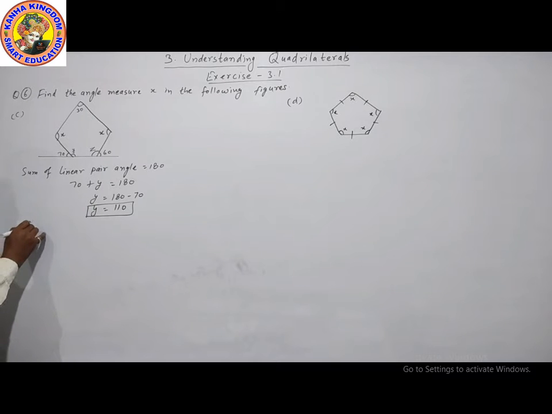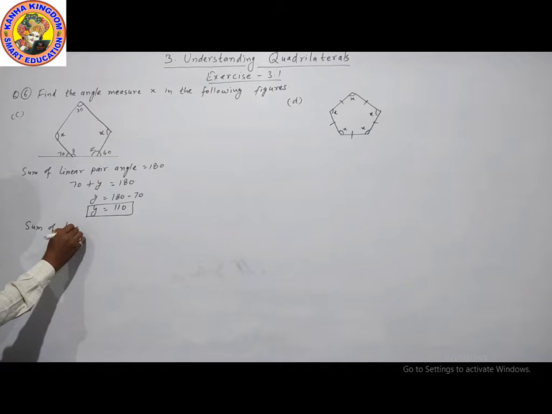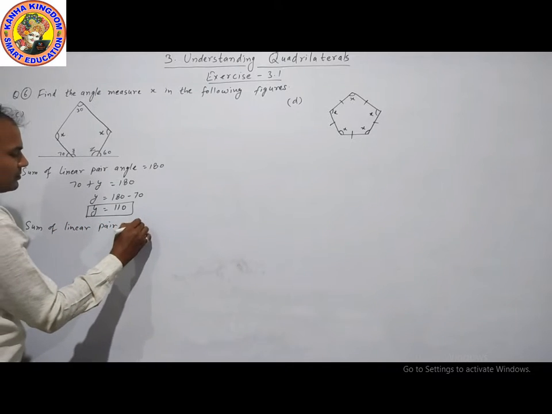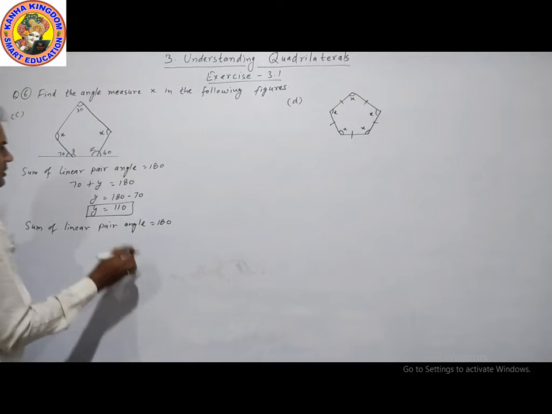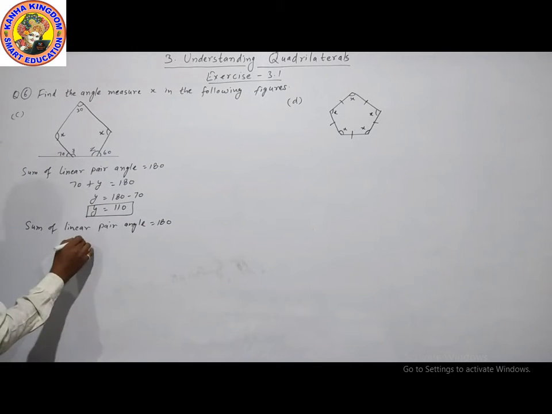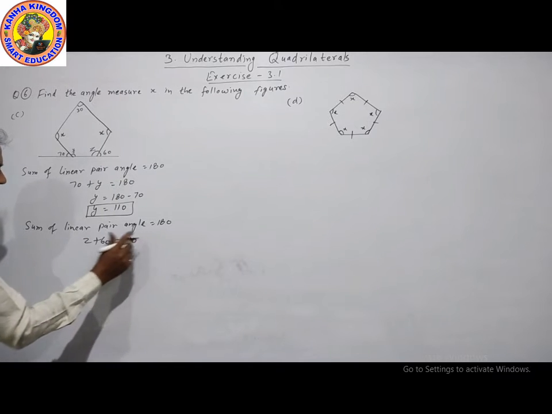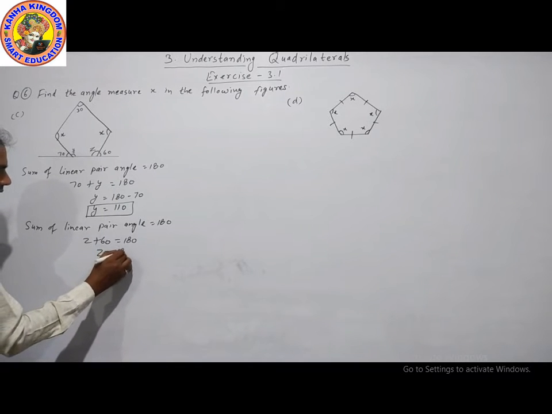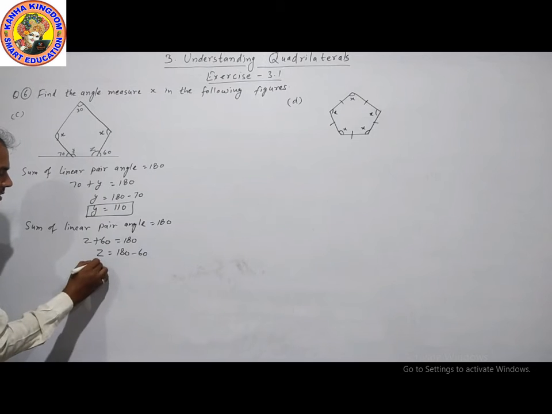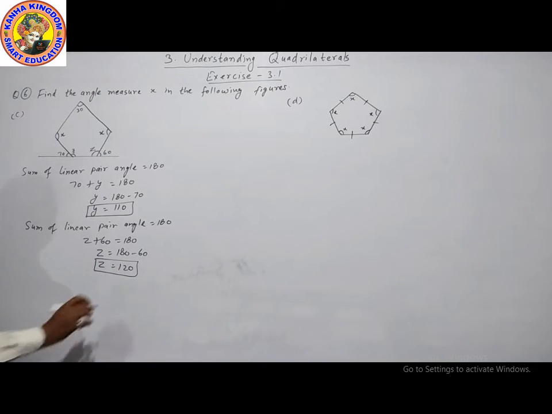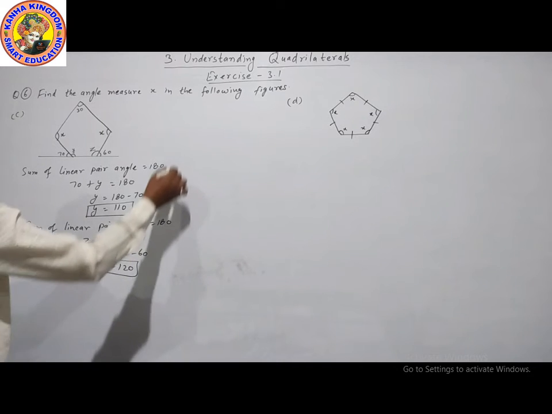Now for finding the value of z, sum of linear pair angle is 180. Now z plus 60 is equal to 180. Now transposing 60, z is equal to 180 minus 60, z is equal to 120. We find the value of z.